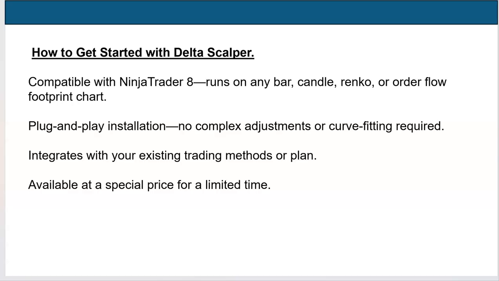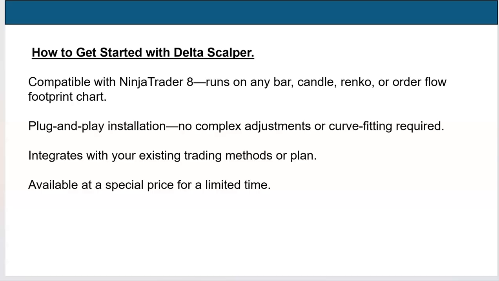There are Renko charts out there that do use tick replay, so you can use those indicators, like Uni Renko from the indicator store, I believe. I know some traders had mentioned to me that that's what they're using. And again, it's basically plug and play installation, no complex adjustment or curve fitting required. It integrates with your existing trading methods or plan, and it's available at a special price for a limited time.